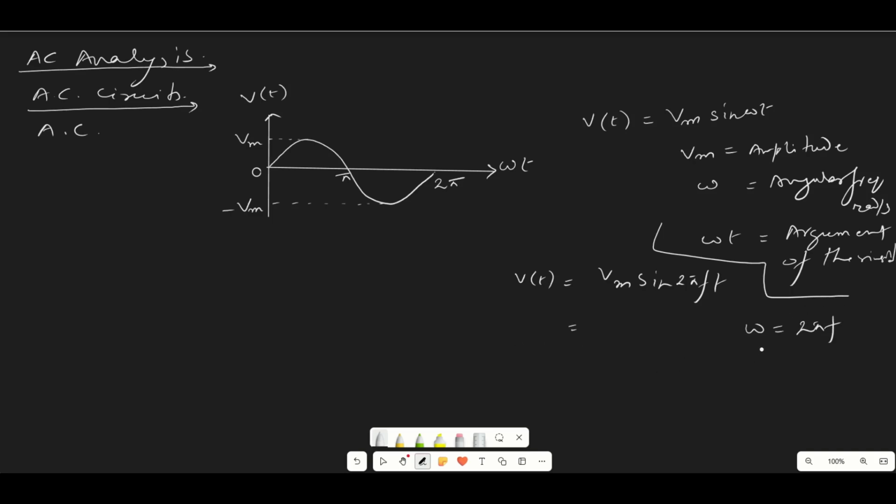Now considering this, if we bring this f on the left hand side, then it will be omega divided by f equals 2 pi. Then 1 by f we know it is given by T. So if we determine T, it will be given by 2 pi divided by omega, which is the period of the sinusoid.